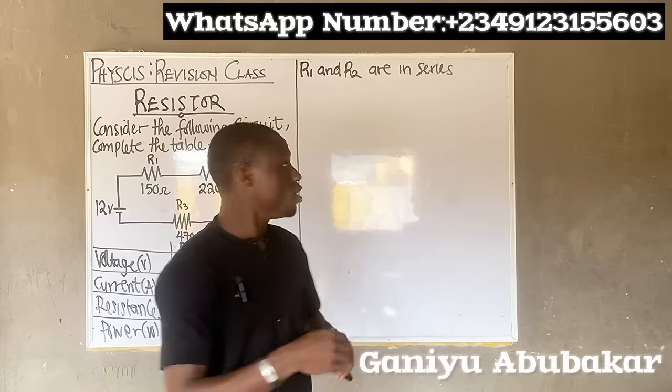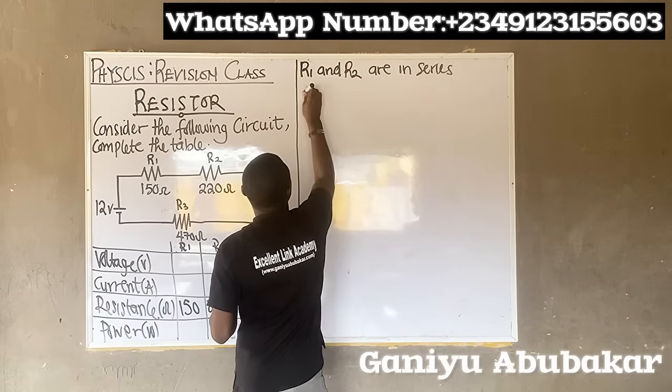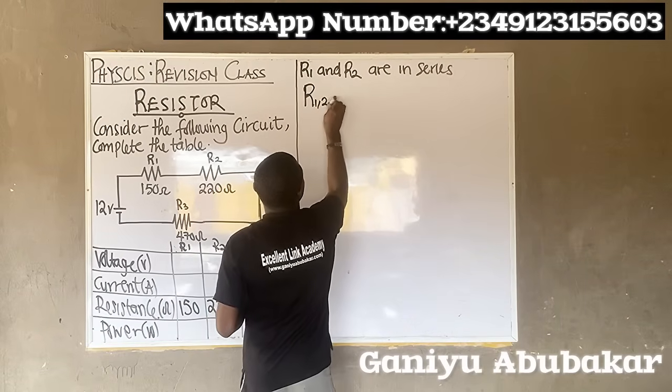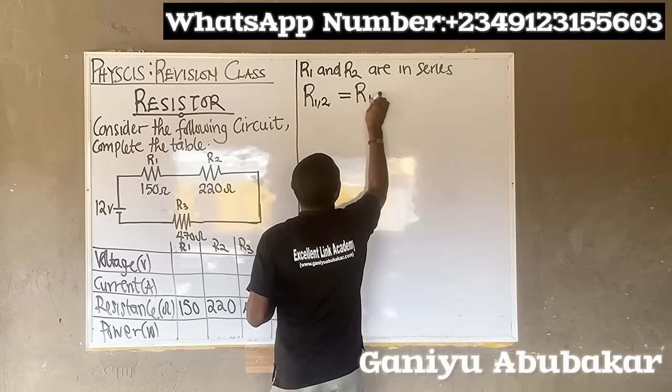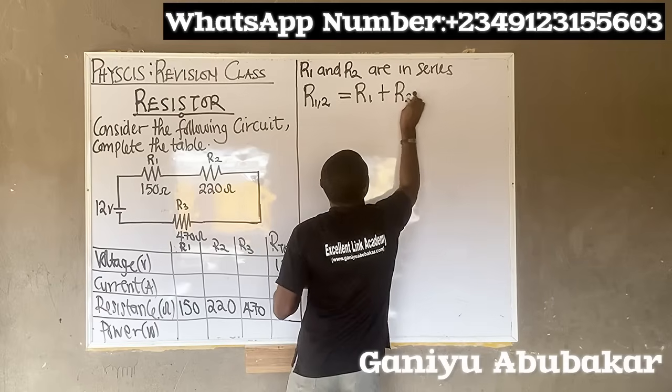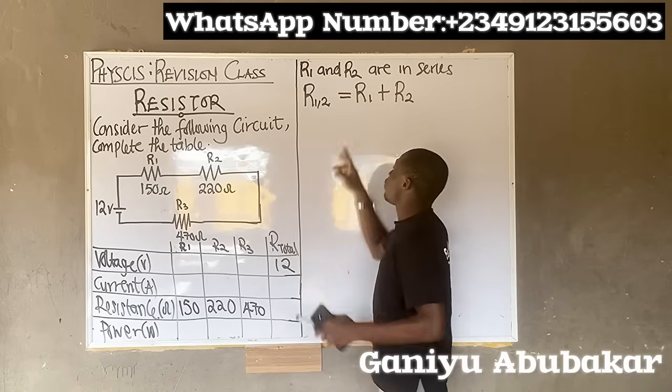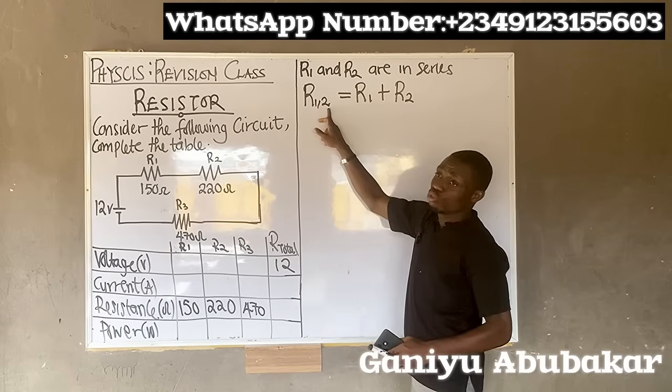You should know that. Let me call the equivalent of R1 and R2 R12, where R12 is equal to R1 plus R2.